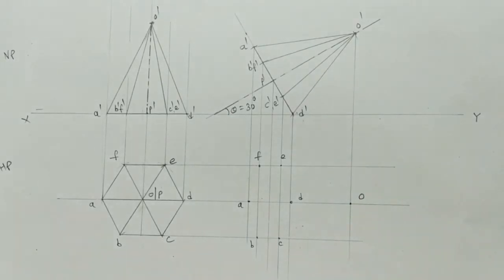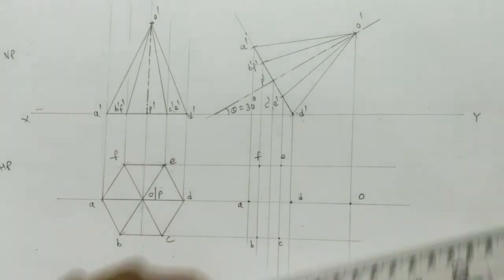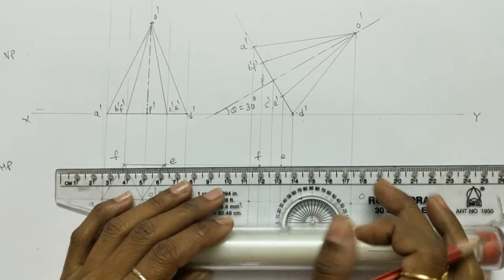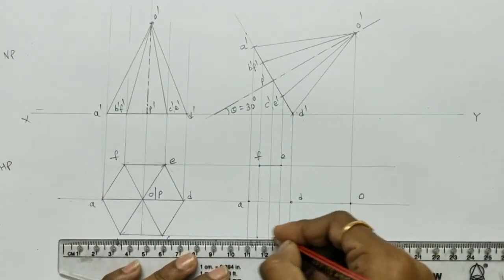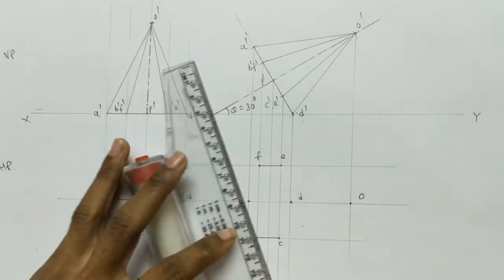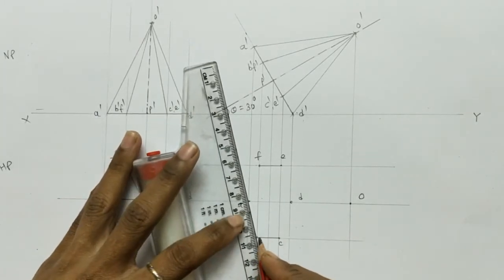Now draw all the outer points first by dark lines.